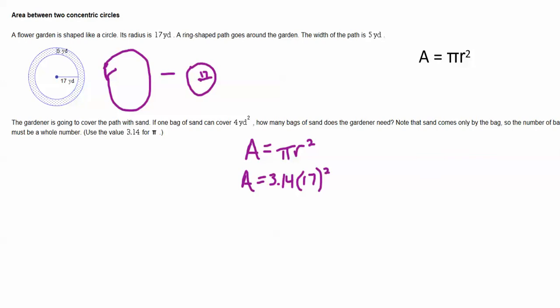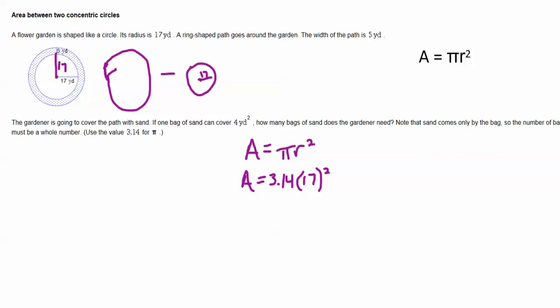Okay. The area of the large circle, this is a smidge bit different this time. They didn't give us the full radius of the large circle. They told us that the path there is 5 yards. Okay, well, the garden right here still has a radius of 17. And then the path is 5 yards wide.